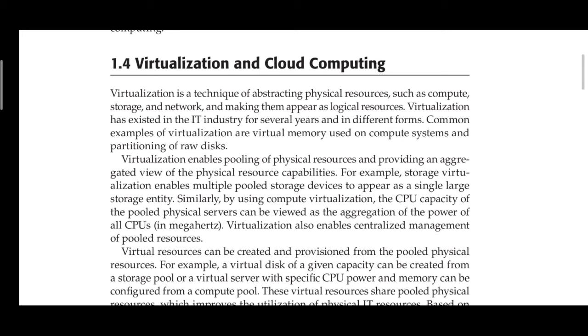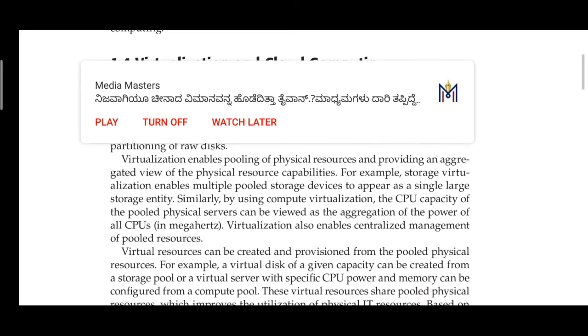Common examples of virtualization are virtual memory used on compute systems and partitioning of a raw disk. So a physical disk of 1 TB may be divided into logical disks of 250 GB each, 4 divisions.